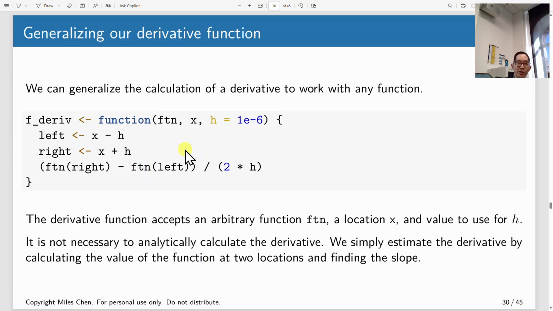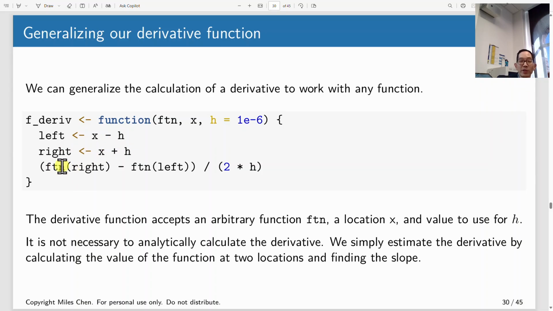So here I can generalize my function, and we're going to call this function f derivative, okay? It's going to be a function where we take in as an argument a function, and then some value of x, and then some quantity h, which we will default to be 10 to the -6. And then we're going to calculate the left-hand side, x minus h, the right-hand side, x plus h.